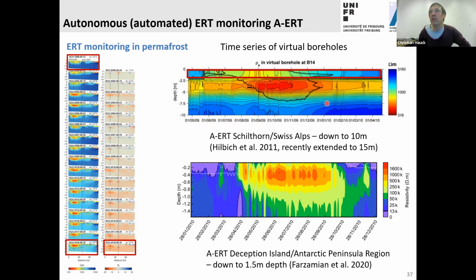We have the continuously frozen part down here, and the active layer over here on top. And this is another example from Antarctica, where the penetration depth was chosen to be much lower, so that it works also on scales of the uppermost meter. Here the active layer is much shallower because it's much colder, which is why we see this seasonal change basically only in the uppermost meter.